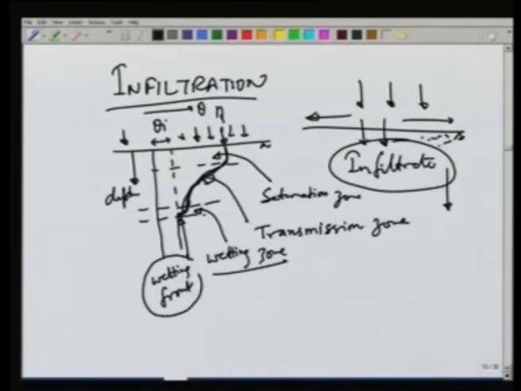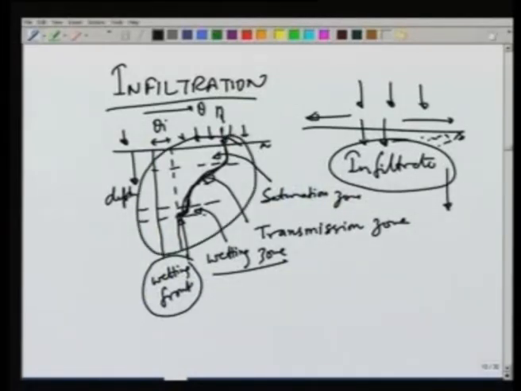So, there is really no effect of the precipitation felt beyond the wetting zone or this wetting front. Wetting front is a very sharp change in the moisture content, and beyond that the effect of precipitation is not felt. So, this is the mechanism of infiltration, or this is the variation of the soil moisture below the ground surface.